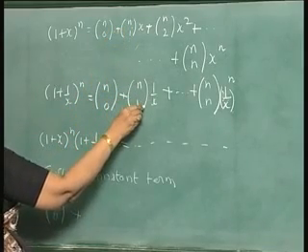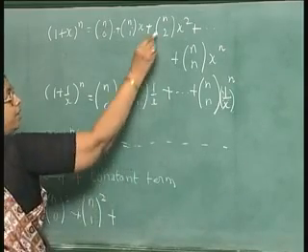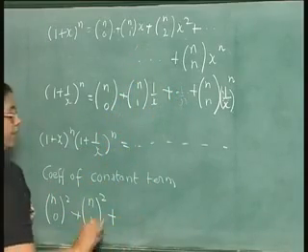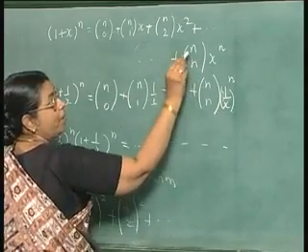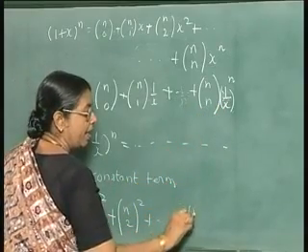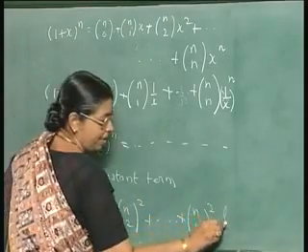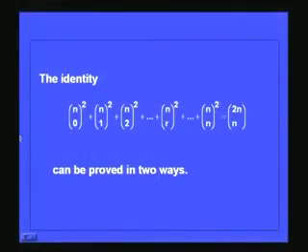This and the coefficient of 1 by x squared will give you a constant term, so that is nC2 squared and so on. And lastly, when you multiply this by this, you get a constant term, and that is nCn squared. Thus, you get the left hand side of the expression which we want to prove. So by considering this and multiplying out, you get the constant term as this, which is the left hand side.